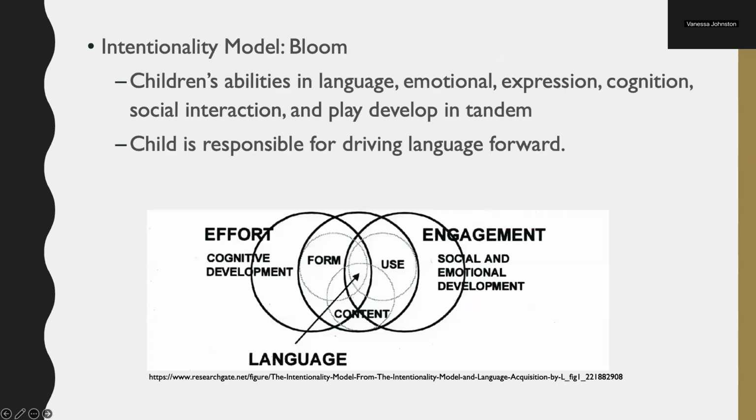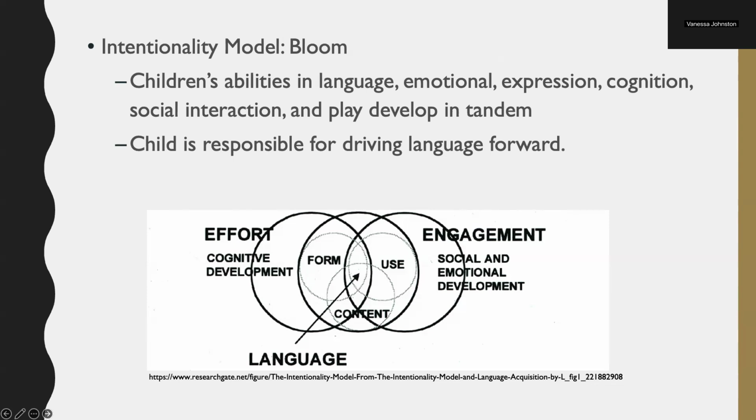The intentionality model theorizes that children's ability in language, emotional expression, cognition, social interaction, and play develop in tandem, so all at the same time. The child is responsible for driving language forward. It believes that children learn language when what they have in their mind differs from what others around them have in their minds.